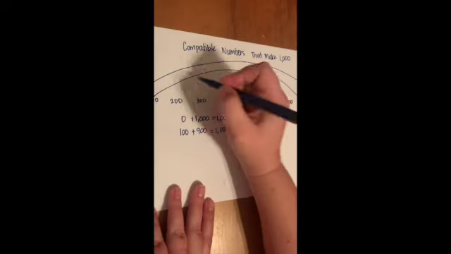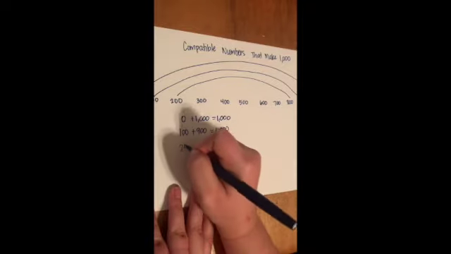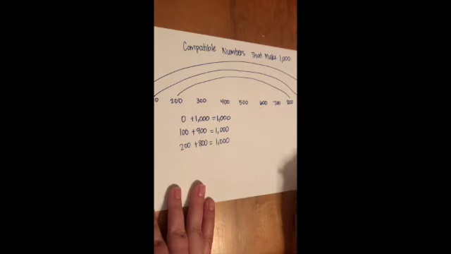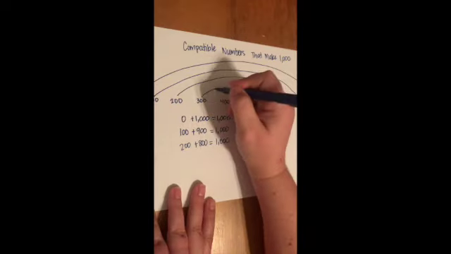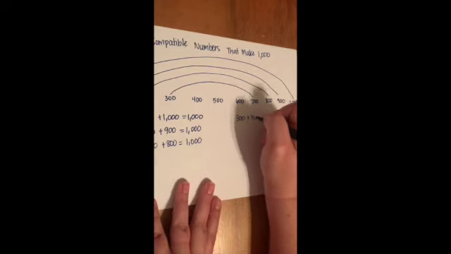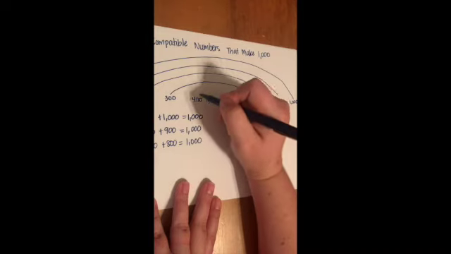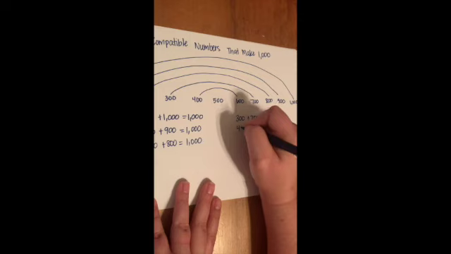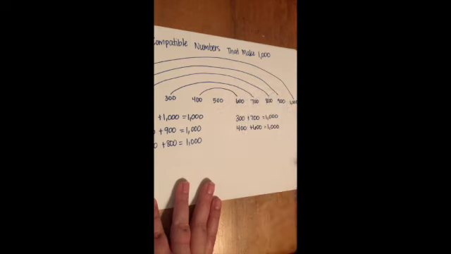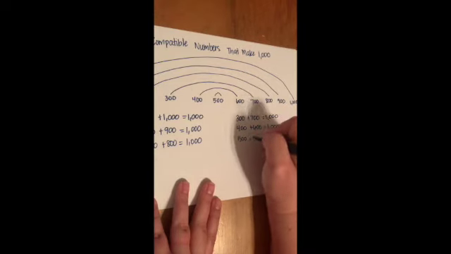Those are compatible numbers. 200 plus 800 equals 1,000. 300 plus 700 equals 1,000. 400 plus 600 equals 1,000. 500 plus 500 equals 1,000.